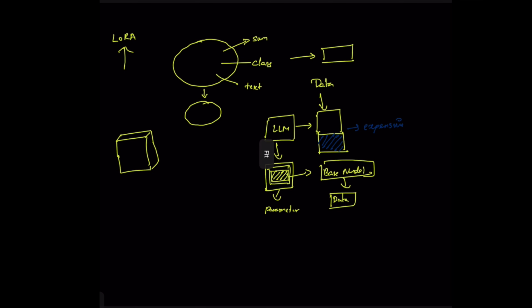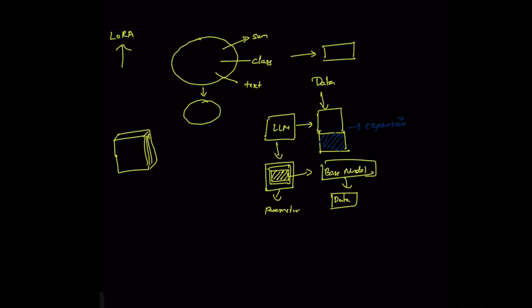Just imagine it's a book, and it is around 20K pages. A large language model is something huge, I know, but let's have 20 pages in this book. So I just wanted to teach someone who is completely new to this field, using this book.